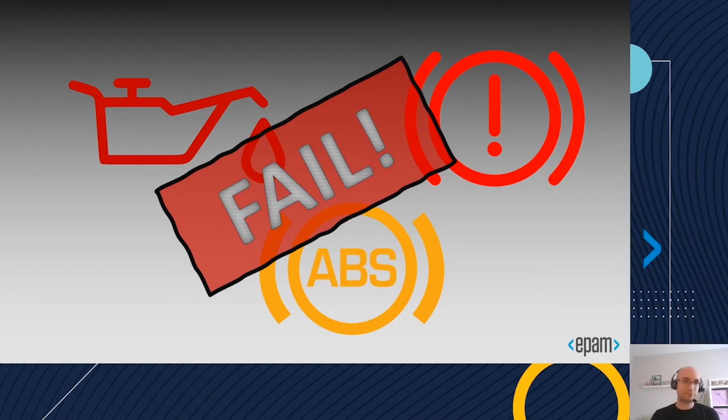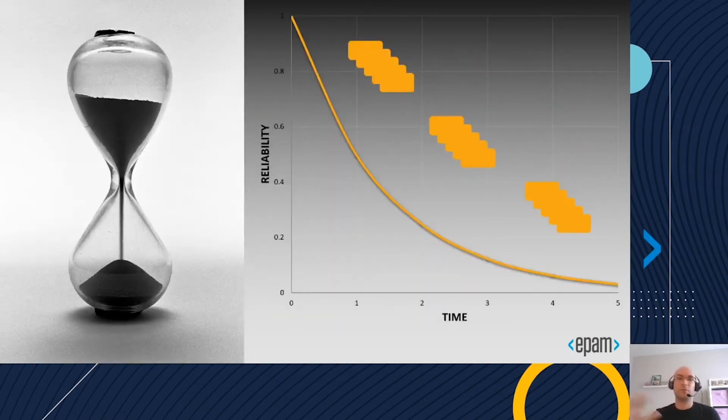But the first question you might have is: how serious or severe is the problem? That was my first interest when I was investigating this topic. What you currently see on the right side of the screen is the so-called reliability curve.